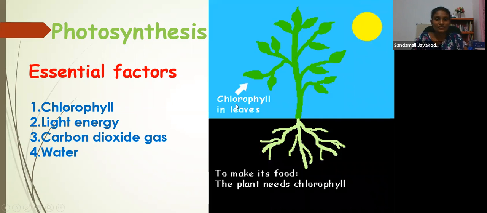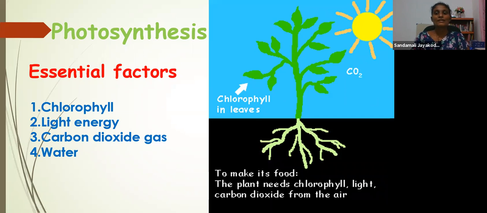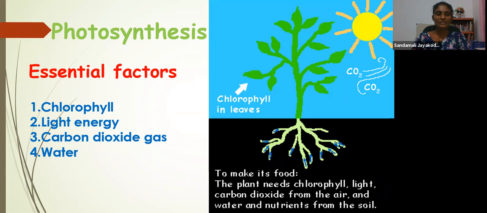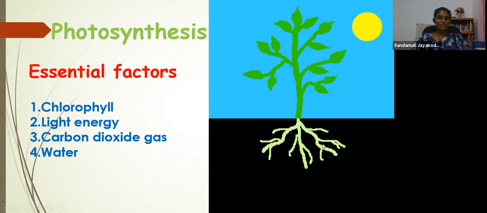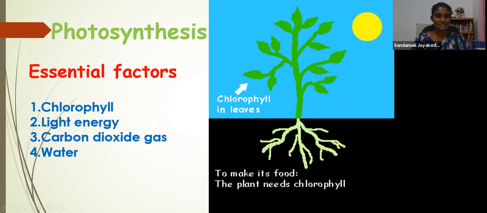And then here you can see chlorophyll in leaves. These green leaves contain chlorophyll in their cells. Chlorophyll is a green color pigment which is in green color plant parts. And then they absorb light energy from sun. Those are the 4 essential factors for the photosynthesis.